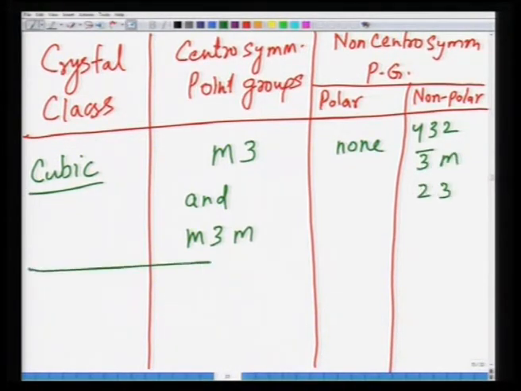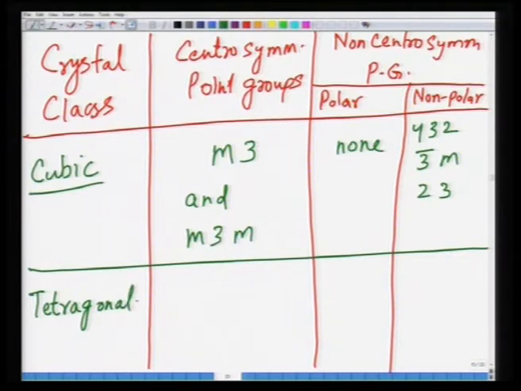This is for cubic, and if you go to tetragonal, tetragonal would mean you have either 4/m and 4/mmm. So, you can say 4/m and 4/mmm, and then in polar you have 4 and 4mm.